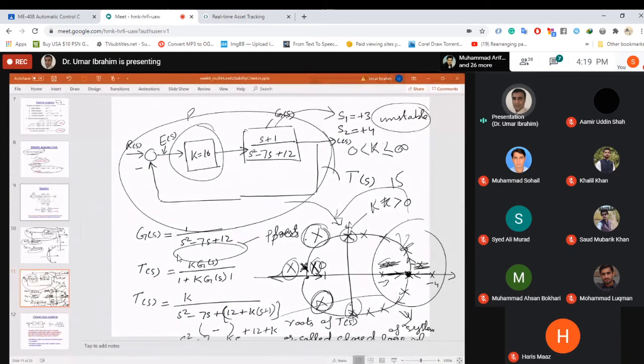If the signal value is, let's suppose, 0.1, then 0.1 multiplied by 10 will make the signal equal to 1. So a proportional controller basically provides gain to the error signal. It either magnifies or reduces the error signal.